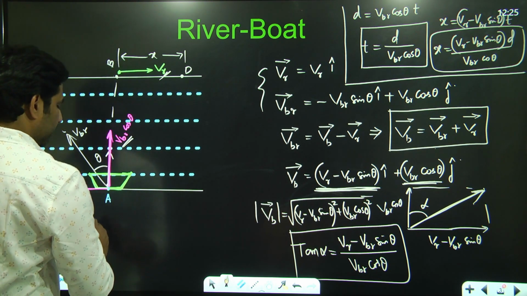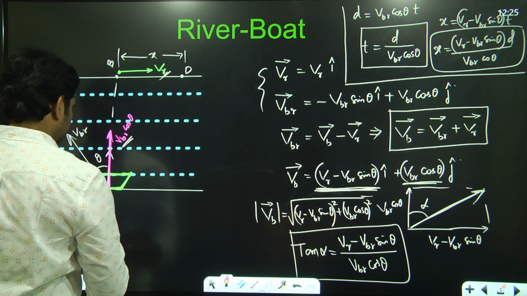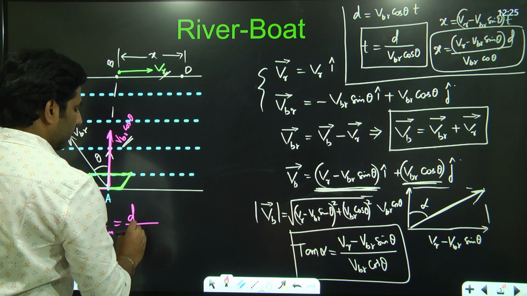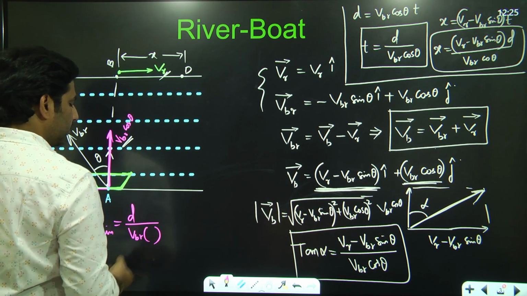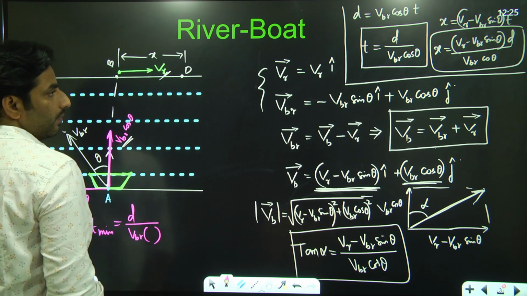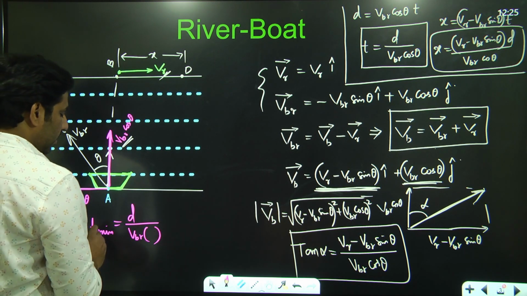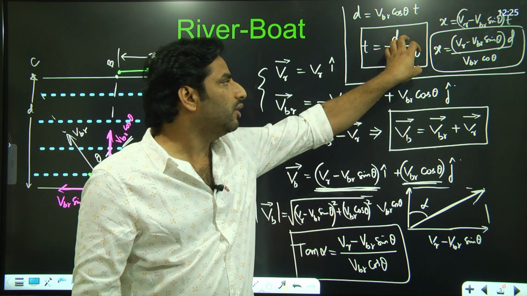What is T minimum? From the equation, T is d by VBR cos theta. We are trying to find the minimum value of T, so T is minimum when the denominator is maximum.